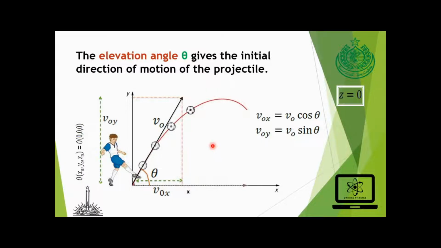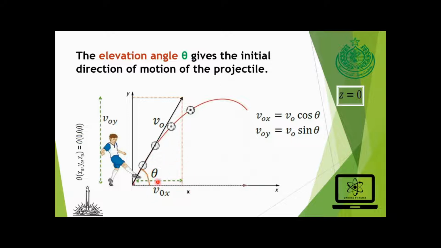In this figure, the footballer throws the ball with initial velocity v naught. This is the initial velocity, or in other words the velocity of projection, at time t equals 0, the instant the projectile begins its flight, which makes an angle theta with the positive horizontal x-axis.